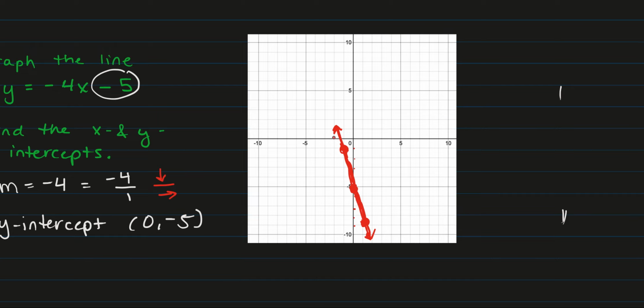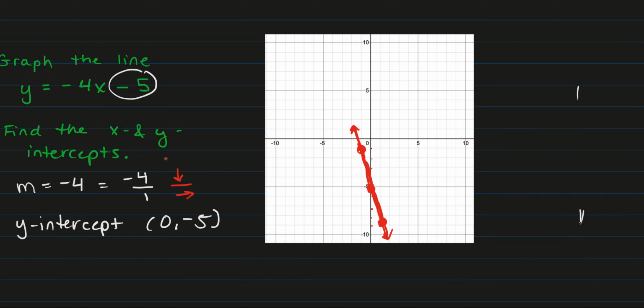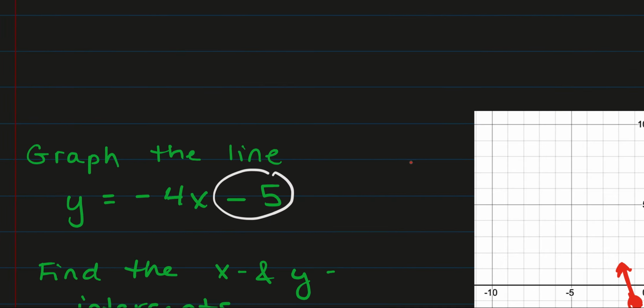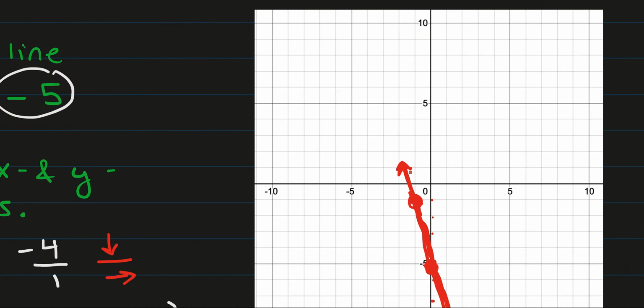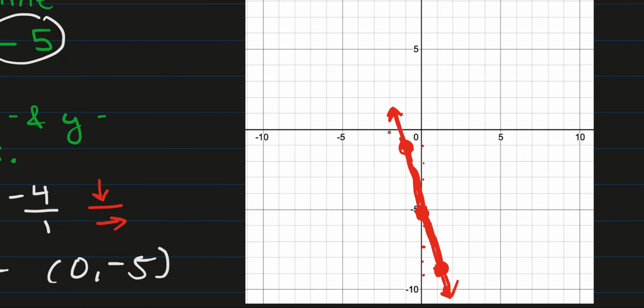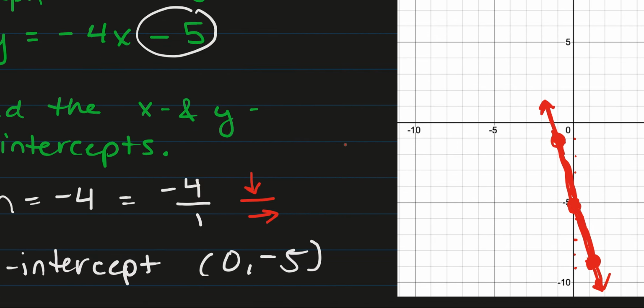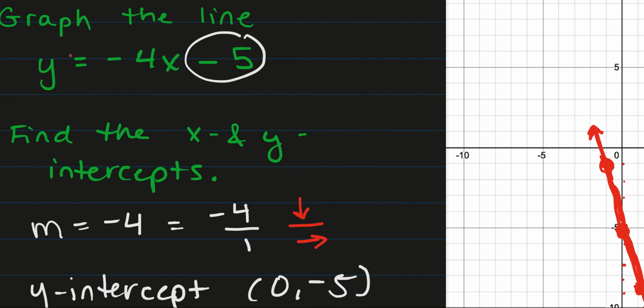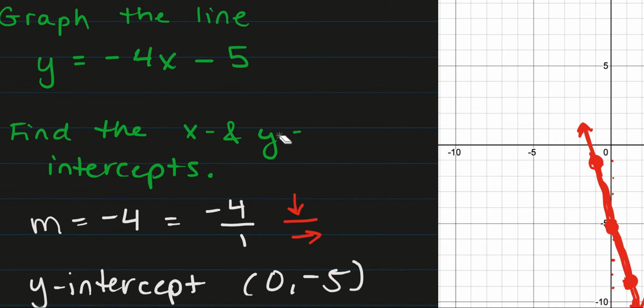If we look from the left to the right, this line is going down, which should go down because the slope is negative. We also see that the x-intercept, it looks like to me, somewhere between -1 and -2. Let's check that. All we have to do is plug in 0 for y into this equation, and that will give us the x-intercept. So let's zoom out a little bit.